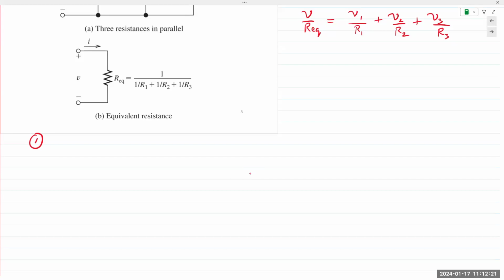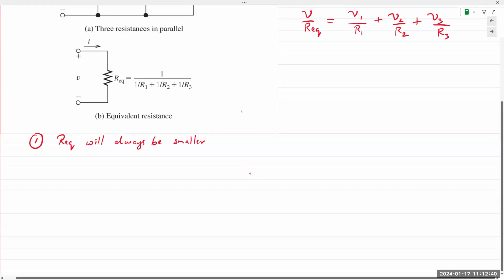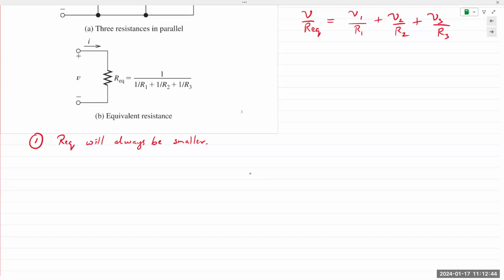Okay. So REQ for a parallel network will always be smaller than the smallest resistor in that network. Doesn't matter what values you have.